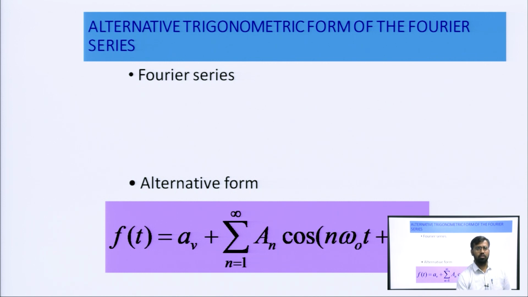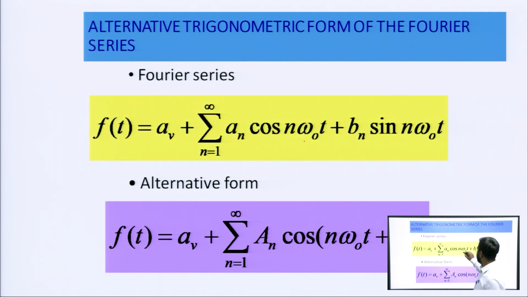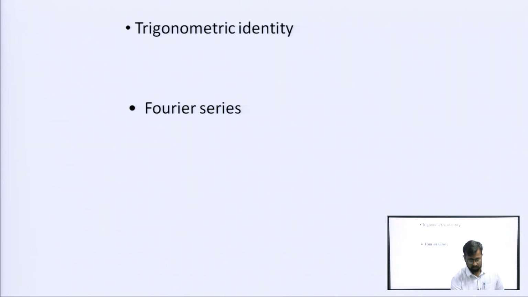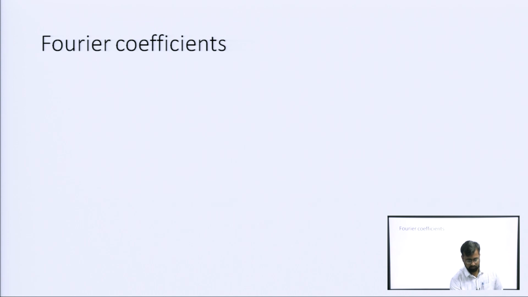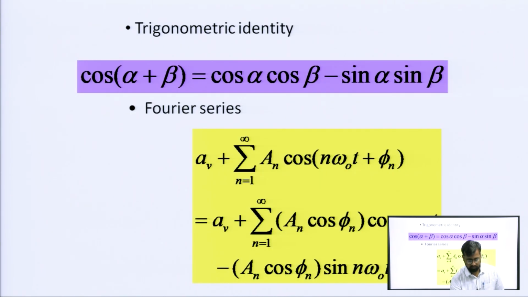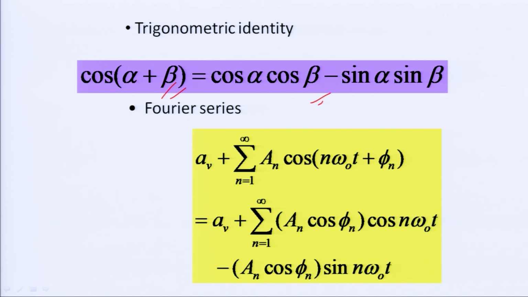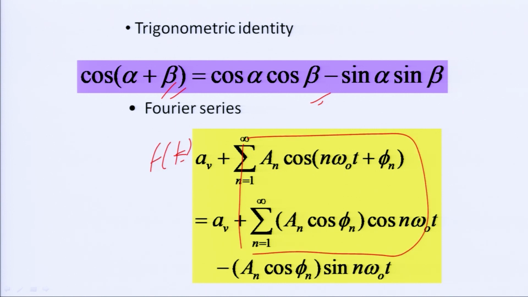Now we can also represent this signal combinedly in this form. How can we write it? We know cos(A plus B) is equal to cos A into cos B minus sin A into sin B. So, we can represent our function f(t) in this form as well.